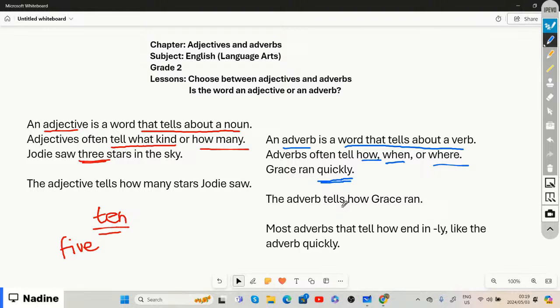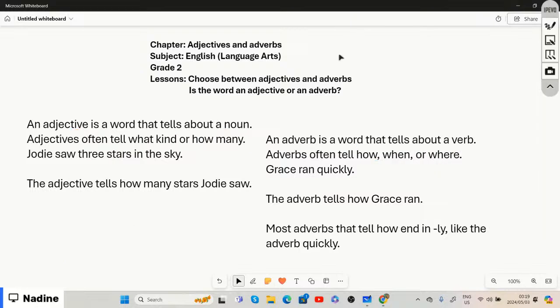All right, so if we look at the number of learners in my class, if we look at the numbers of maybe either learners or students, then that can be adjectives that tell us how many. If we look at adjectives that tell us what kind, let me do this.